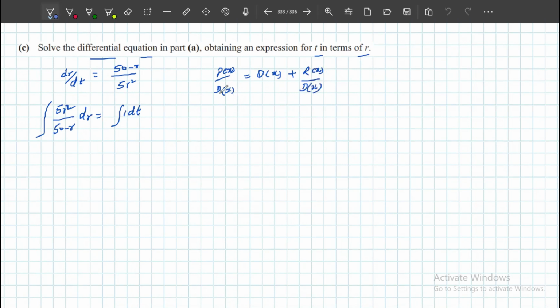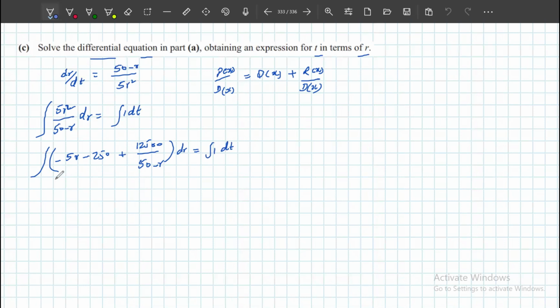I'm going to write it in this form so that we can apply the concept of partial fractions. From the previous part, the quotient is 5r minus 250 plus the remainder 12,500 over our divisor 50 minus r, with dr, and the right hand side is the integration of 1 dt.